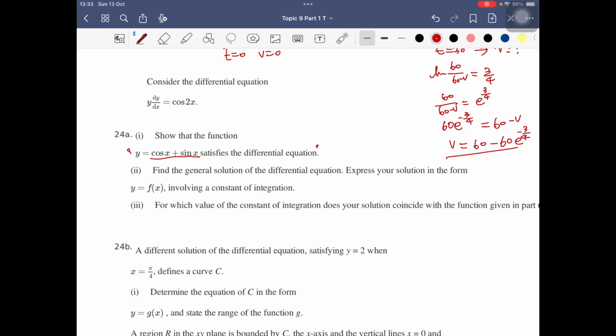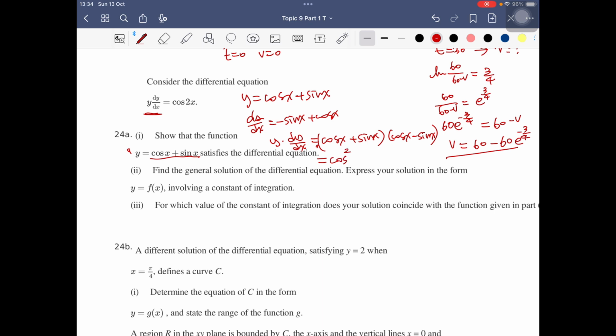For example, y equals cos x plus sine x, dy over dx is negative sine x plus cos x. So when we multiply them together, y times dy over dx is cos x plus sine x times cos x minus sine x, which is cos squared x minus sine squared x, which means cos 2x.